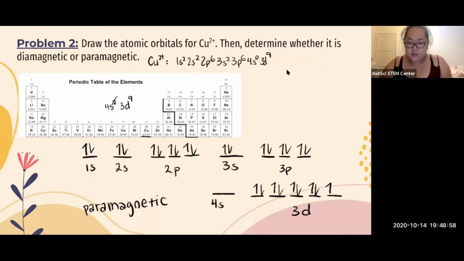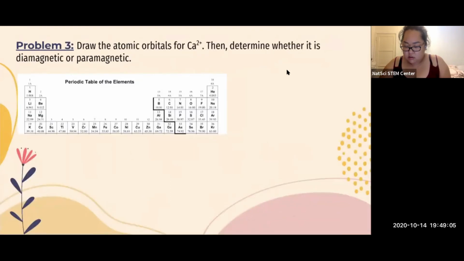Any other questions? We'll go on to the last one for atomic orbitals, and then we're going to go into periodic trends. For this one, let's do this together so that we can go on to periodic trends, and you'll do a challenge problem for this one after.